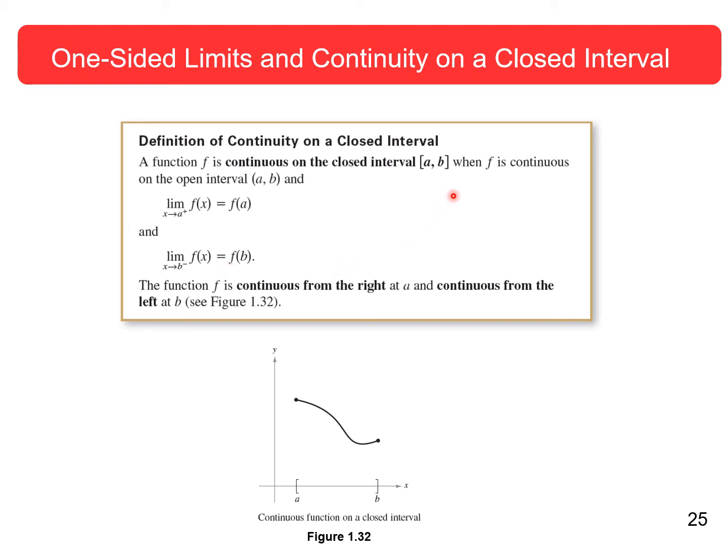So that means that if you want to check continuity on a closed interval [a, b], first, it should be continuous on the open interval (a, b). Next, the function must be continuous from the right of a, and also, the function must be continuous from the left of b.